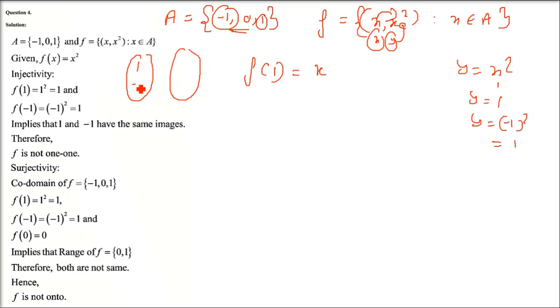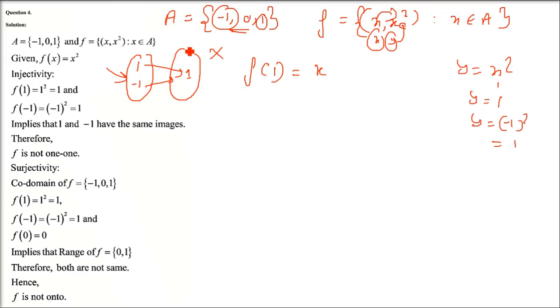For 1 and negative 1, you are getting 1 only. So this is not 1 to 1. Every one has to be related to another single one. So this is injectivity, and it is not 1 to 1.